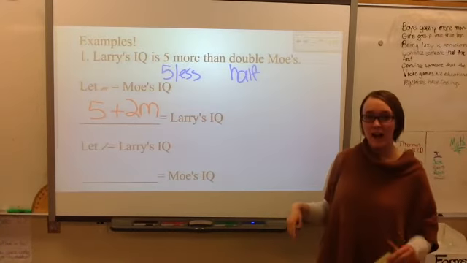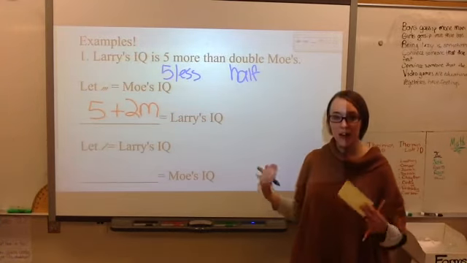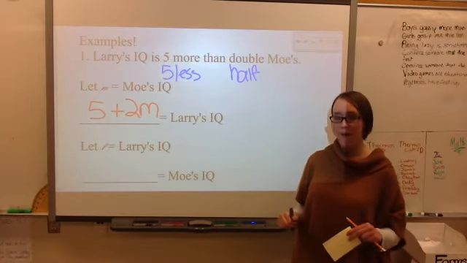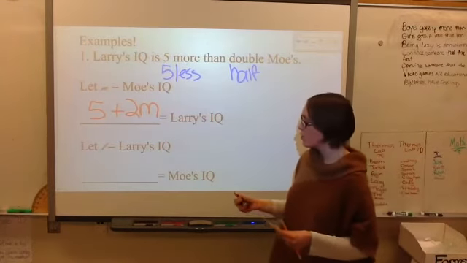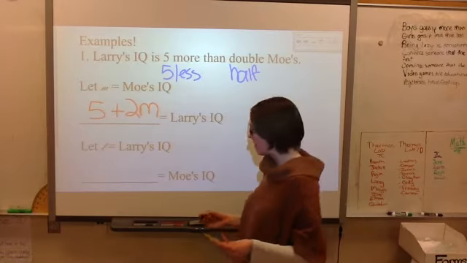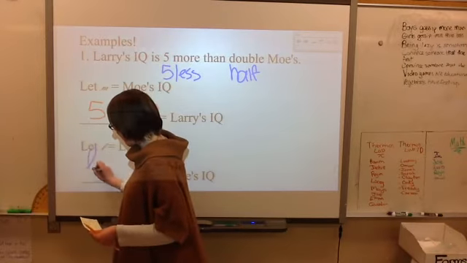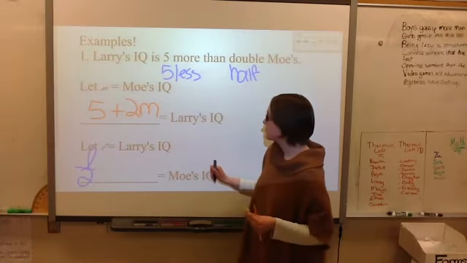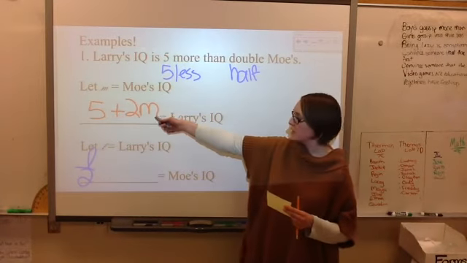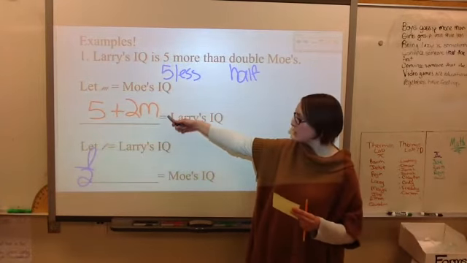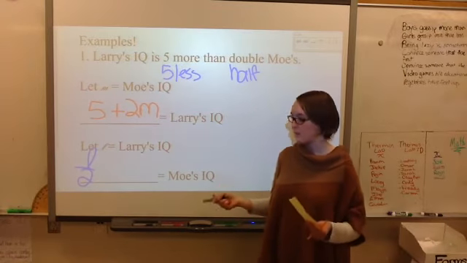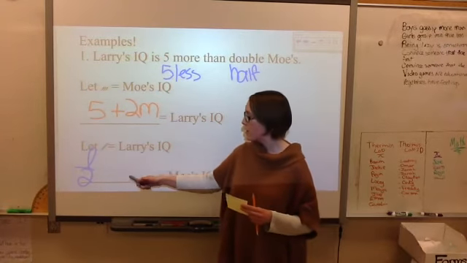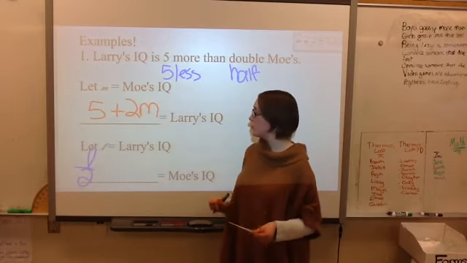And why is it half? Because we have to divide the original statement in half. So when we go and write the let statement, it would then be L divided by 2. Because in this case it was multiplying by 2, and the opposite is dividing, so that's why we would divide Larry's IQ by 2.